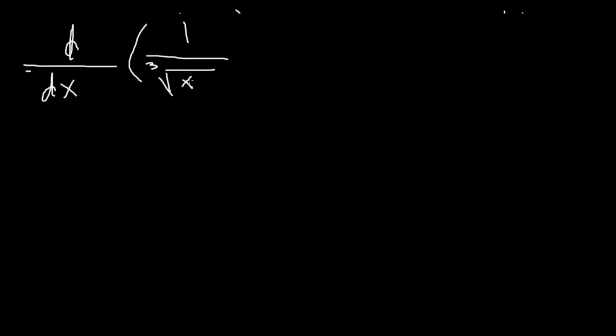Now, what if the square root, or a radical, is in the denominator? Like d over dx of 1 over, let's say, the cube root of x squared. What if it's in the denominator? Write it the same way, except the exponent will be a negative exponent. I'll show you.